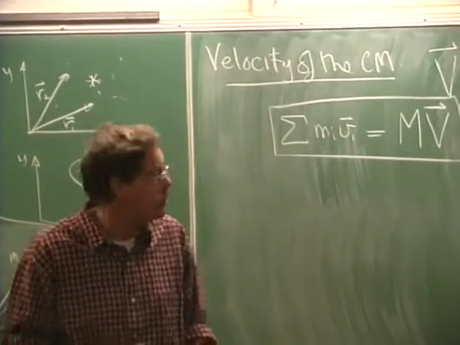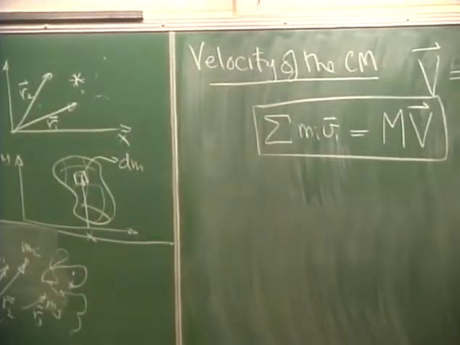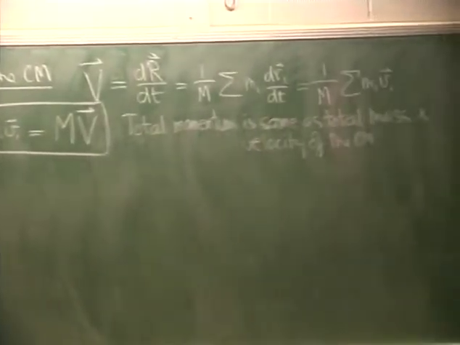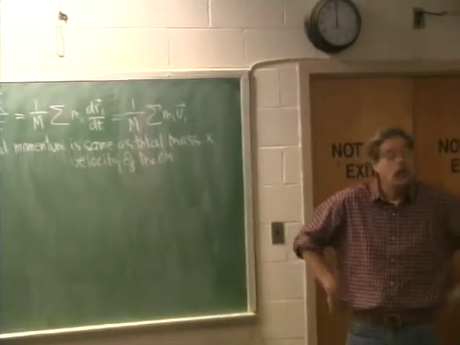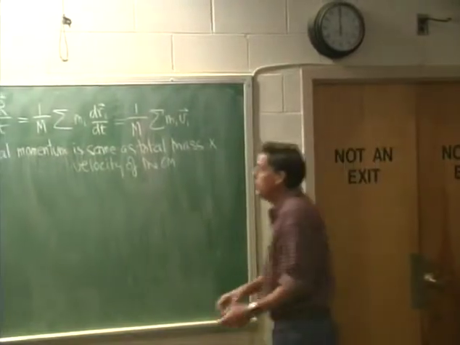That would be a laborious procedure. What this tells you is you don't need to do that. All you need to do is take the total mass of the basketball, multiply it by the velocity. The velocity of what point on the basketball? The velocity of the center of mass of the basketball, if you want to be absolutely precise about it.